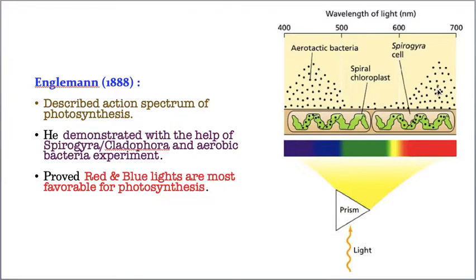This is a clear demonstration given by Engelmann, one of the significant contributions. So what he told is that red and blue lights are the most significant lights which increase the rate of photosynthesis of cladophora and spirogyra and of course all the other plants also. This is an experiment demonstrated by Engelmann.